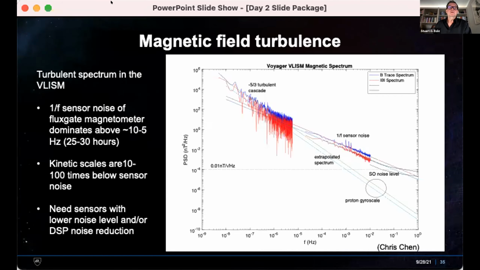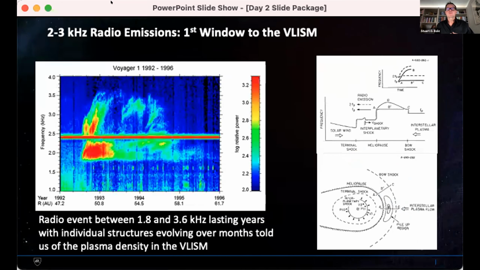Next slide. We're moving on to radio and plasma waves. This is a figure from a paper by Don Gurnett showing radio emission lasting, as you can see here, for several years, that has substructure on the time scale of a month or so.